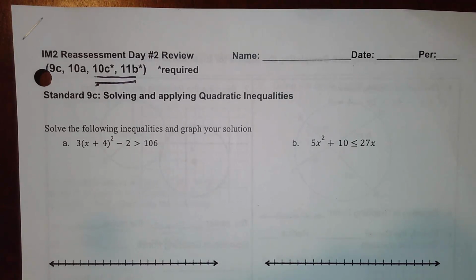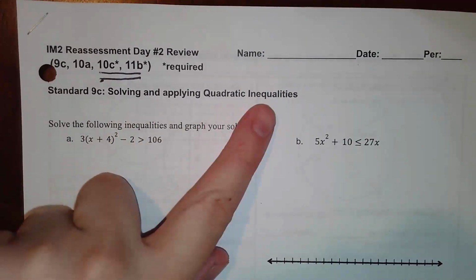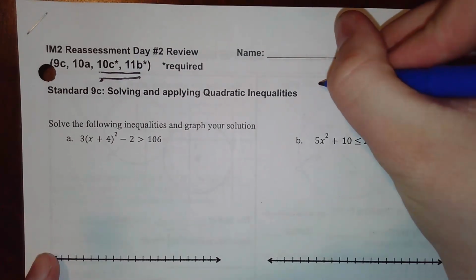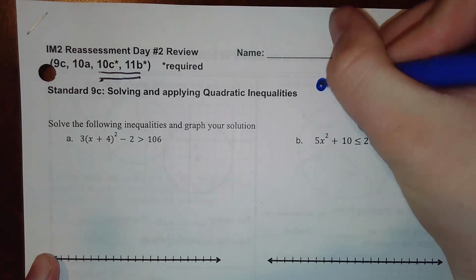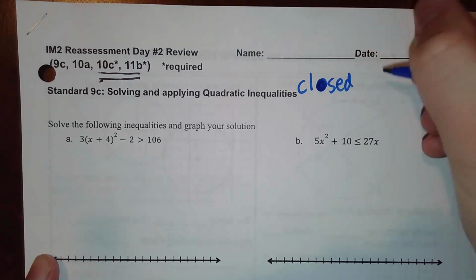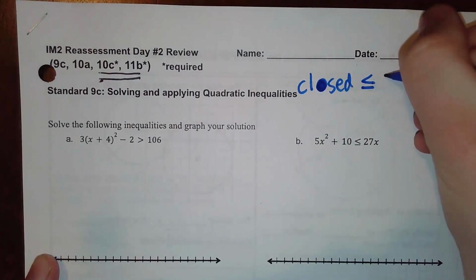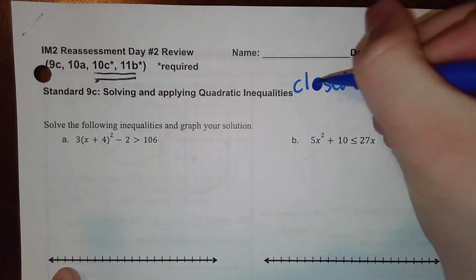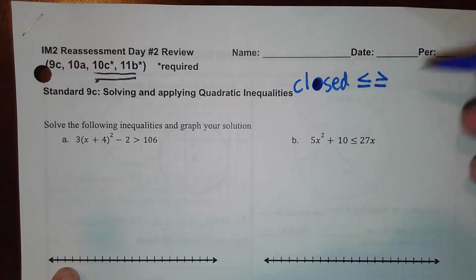For standard 9C, solving and applying quadratic inequalities, there are a couple of things that we need to remember. The first one is if it's going to be a closed dot, that is only for less than or equal to or greater than or equal to. Basically, it includes the solution if it's equal to.